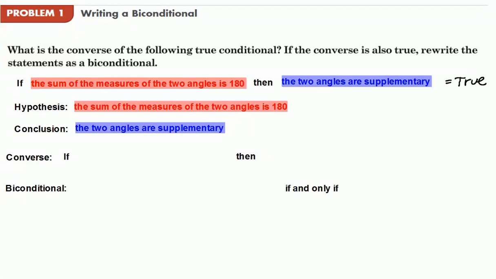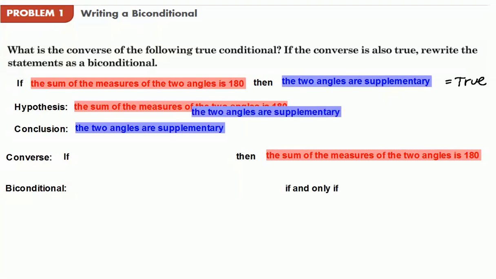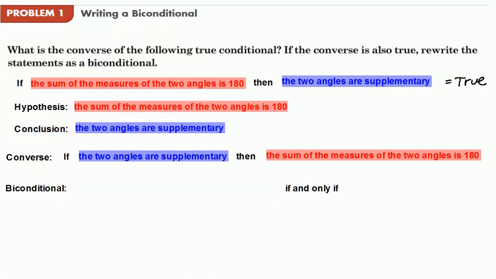The converse is the switch. We're going to switch the hypothesis for the conclusion and the conclusion for the hypothesis. We take the hypothesis of our conditional and move it to the back as a conclusion, and we take our conclusion, move it to the front, and make that our hypothesis.